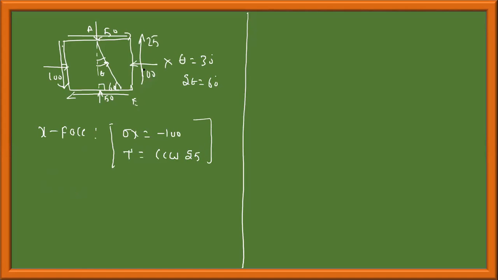This is the x face, this is the y face. On the y face, sigma y is equal to minus 50 MPa, and you can see the difference: tau in this case is clockwise 25 MPa. 2 theta is 60 degrees counterclockwise.